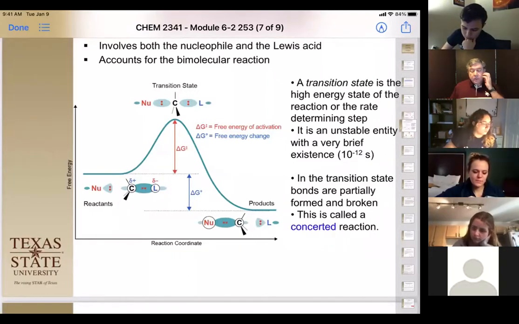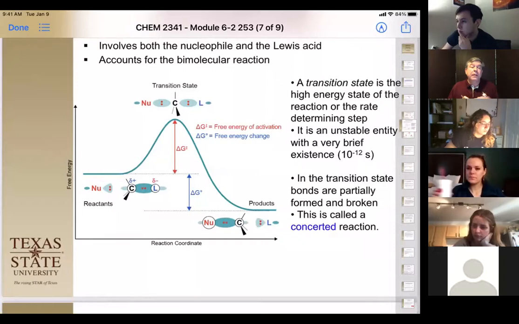Okay, so like I said in the diagram before, we're going to make that transition state. We have to have enough kinetic energy to overcome the sterics. We have to have electrons ready to do the bonding. And then once we get to that transition state, it decays rapidly into our products.